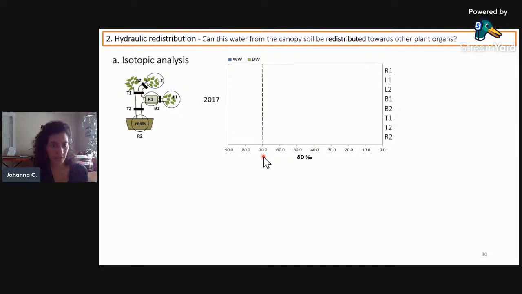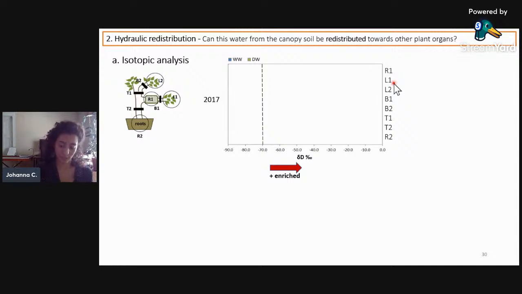In the case of Seattle, the tap water that we were using for watering all our plants, the well water plants, the value was around -70 per mil. So it's this dashed line. Everything that was enriched should be bigger than -70, so it will be to the right side of the plot.